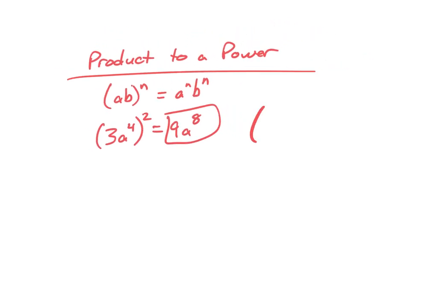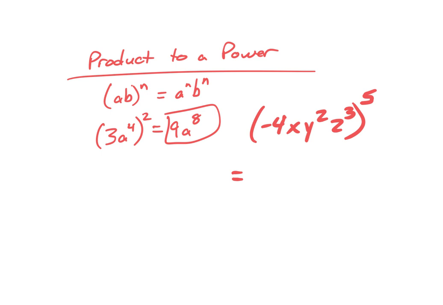Okay, negative 4 x y squared z cubed, raised to the 5th. One thing at a time here. Negative 4 raised to the 5th power. Let's put that in our calculator. What'd you get? 1,024.